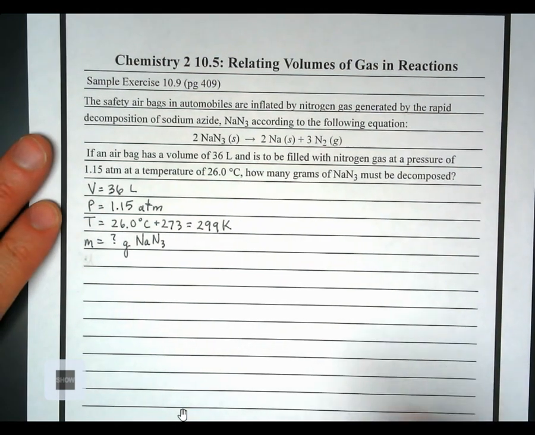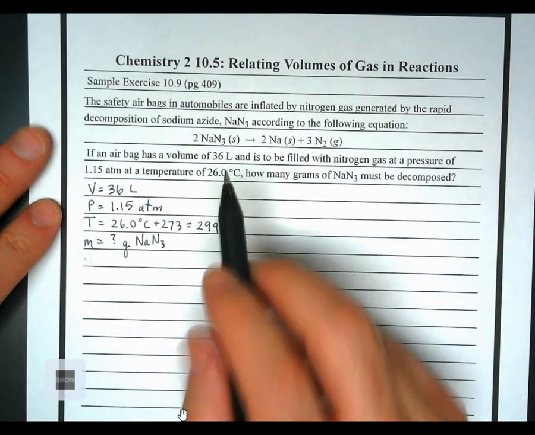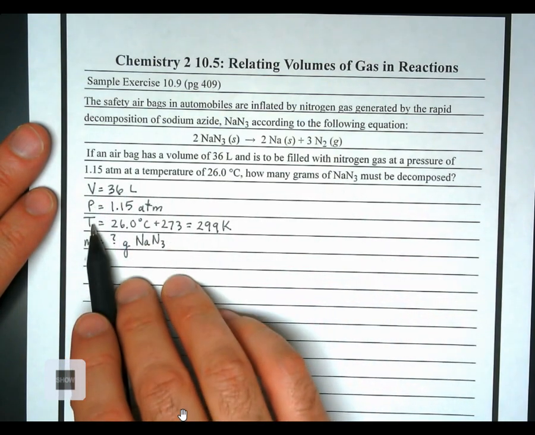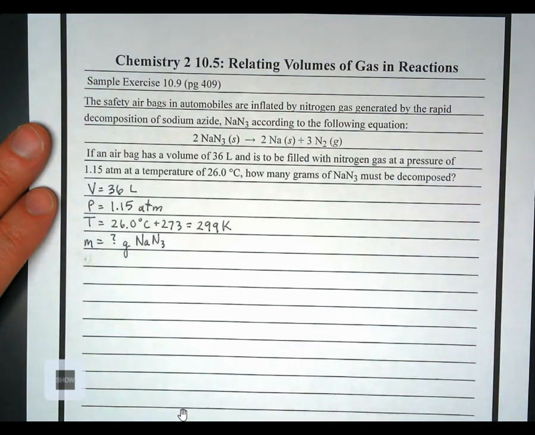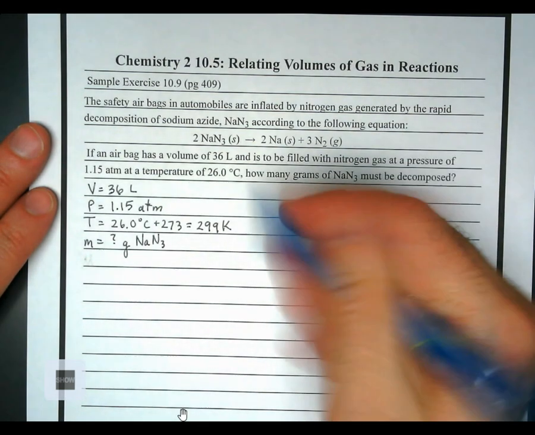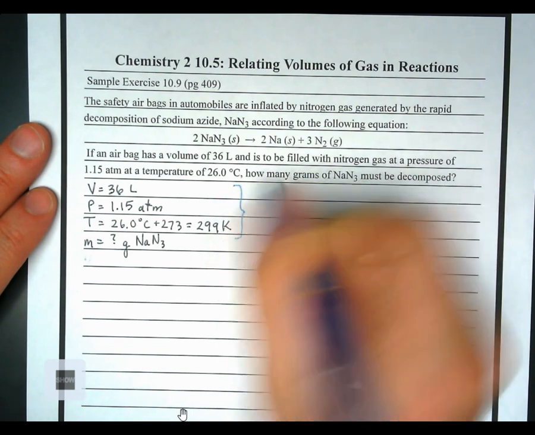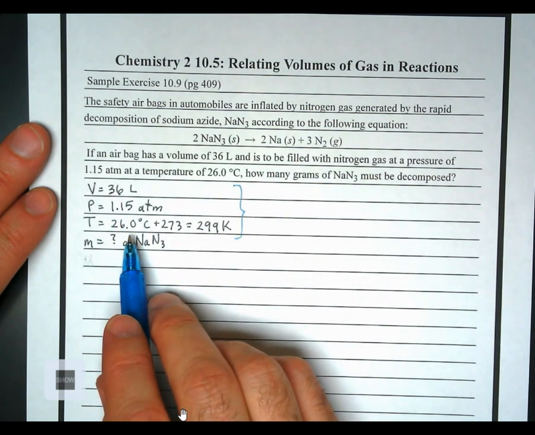Okay, so the first thing to realize, though, is all the volume, pressure, and temperature, all three of these things are talking about what substance? Like this is the volume and the pressure and the temp for what?